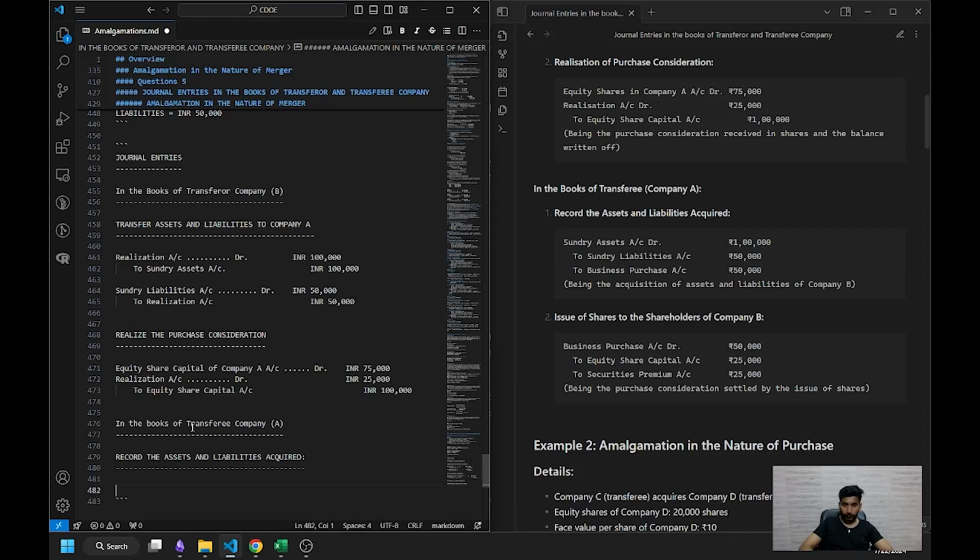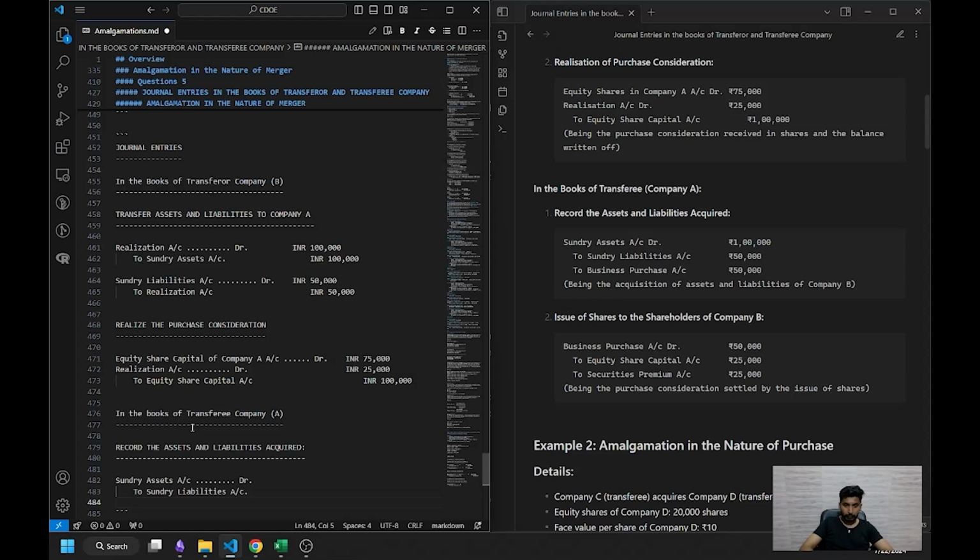That means the sundry assets account debit to sundry liabilities account, to business purchase.